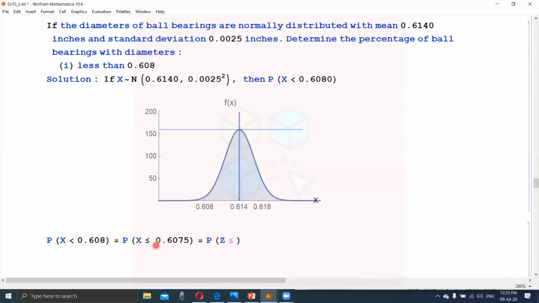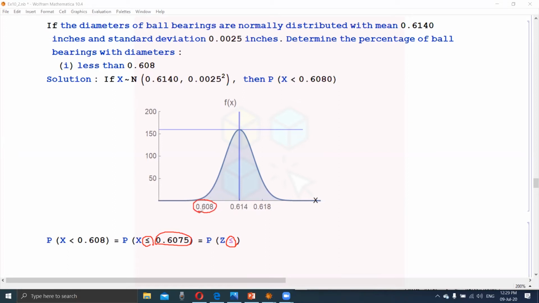Z should be capital because it's a variable, and X is also a variable, so X and Z both should be in capital letters. Now we will take this point 0.6075 in the z-score formula, and since it's less than or equal to, we write it here.